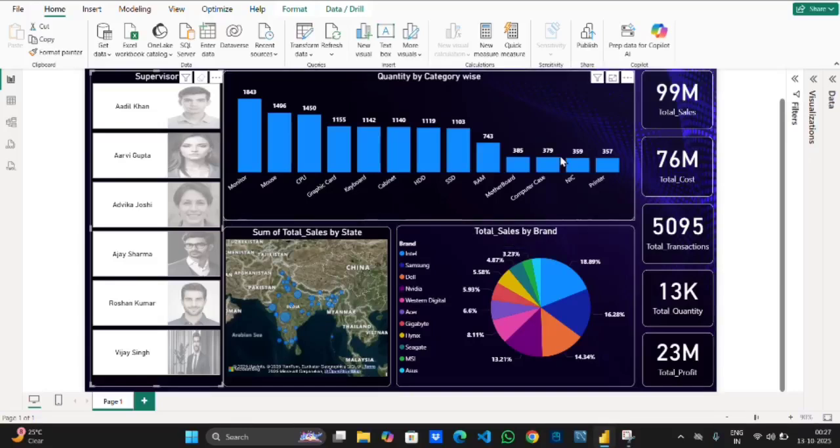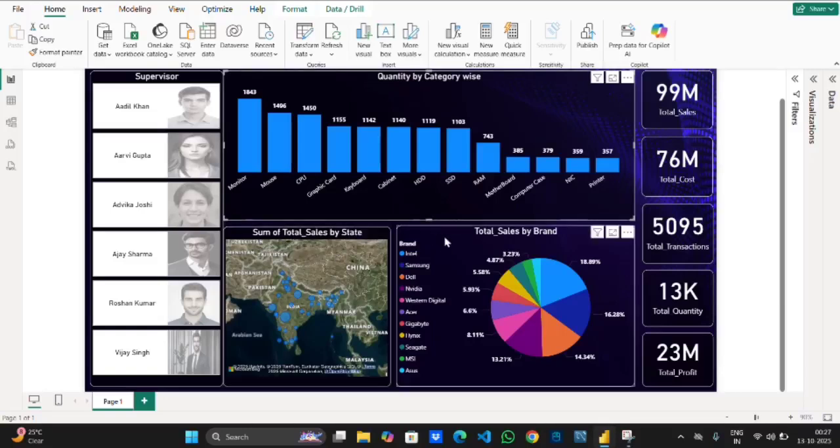Let's understand the overall key business insights in my dashboard. The top categories are monitor, mouse, and CPU, which perform best. Then low categories are printer and NICs, which have low demand.